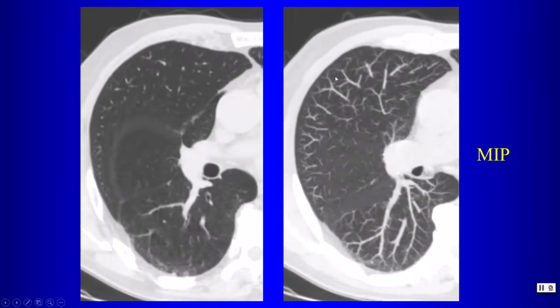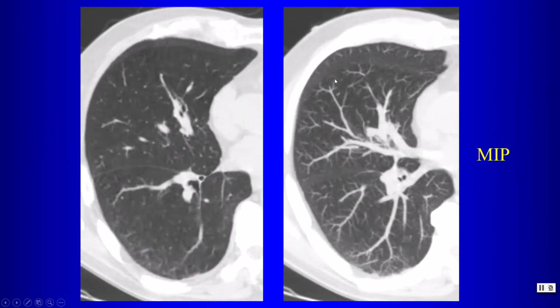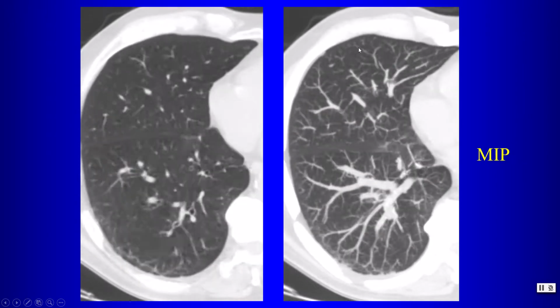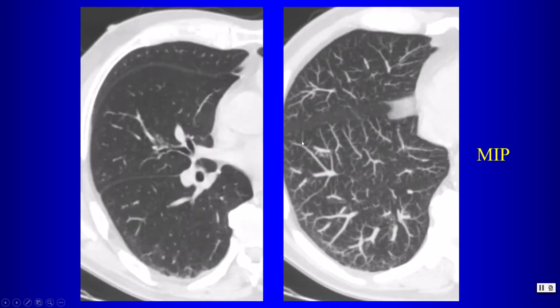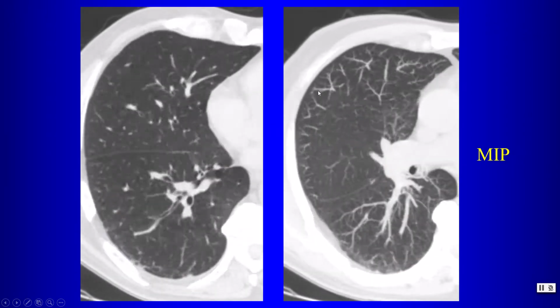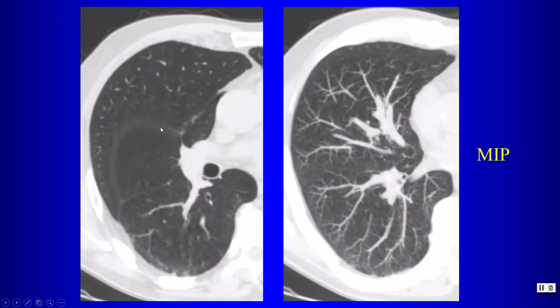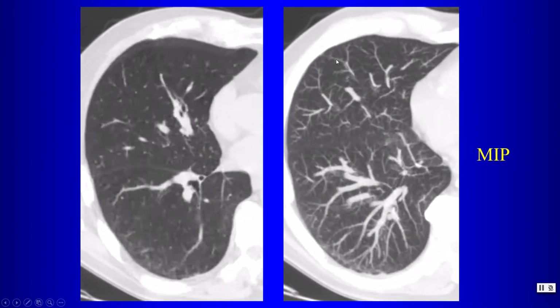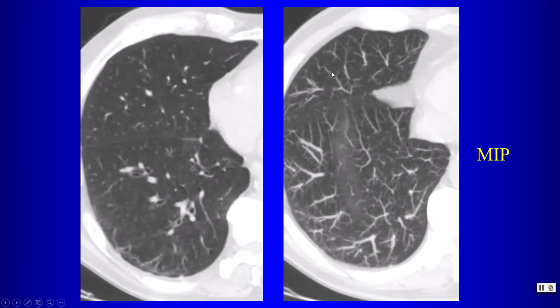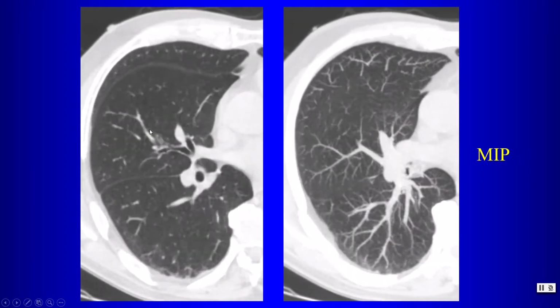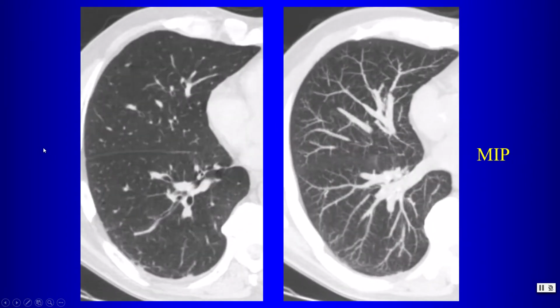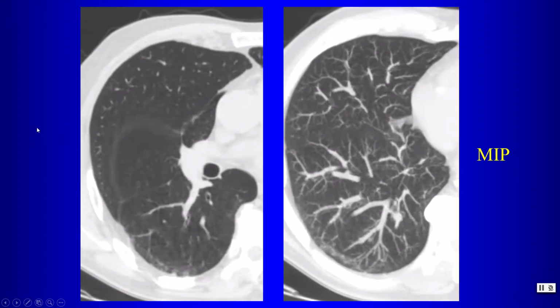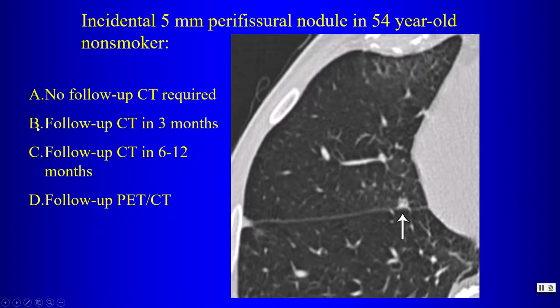As we go through it, the nodule can pop out because you can see all the blood vessels connecting to each other, whereas that very small nodule that you can scroll right through on your regular images tends to pop out on the MIP images against the background of the blood vessels. So if you're looking for tiny nodules, these MIP reconstructions can be very useful.